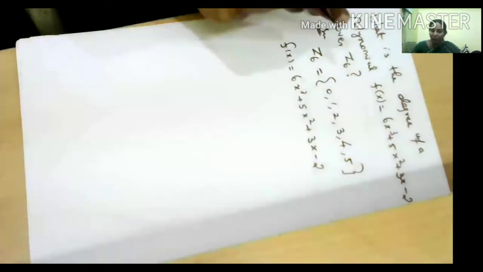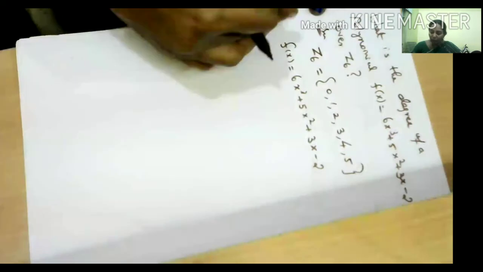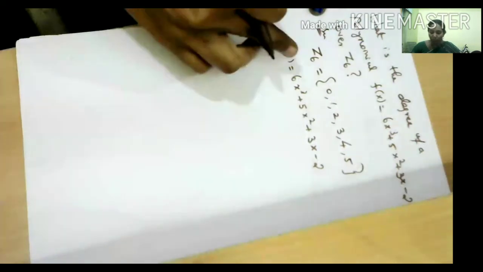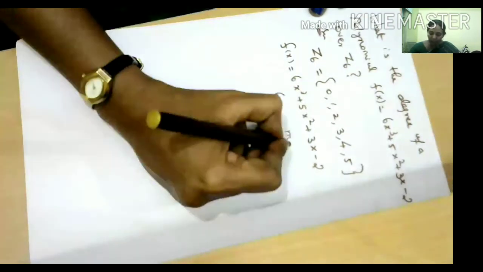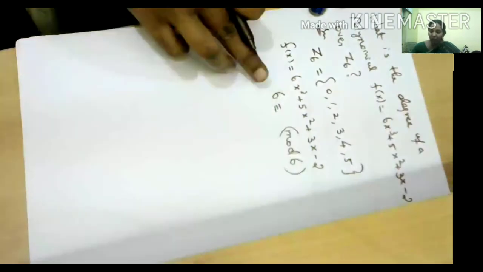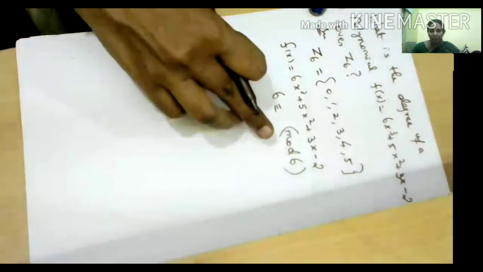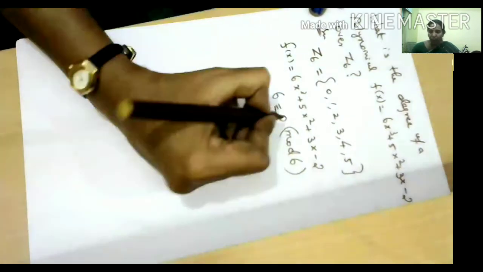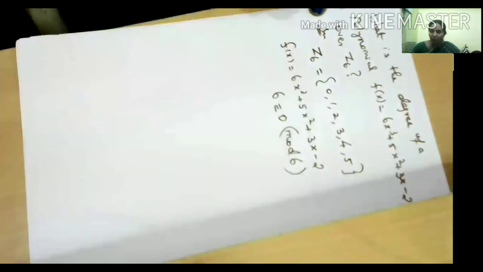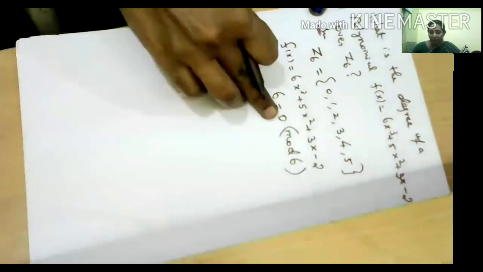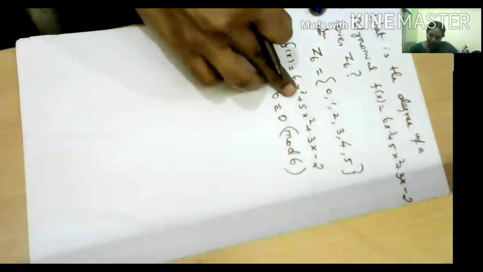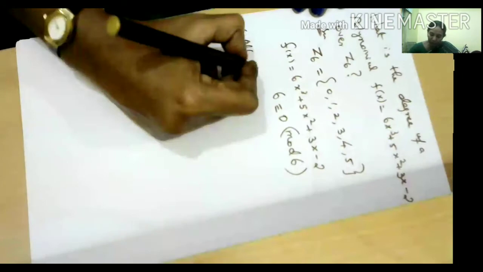Therefore you have to change the coefficient of x cubed. Take mod 6: 6 divided by 6 leaves remainder 0, so 6 is congruent to 0 mod 6. Now the coefficient of x cubed is 0.